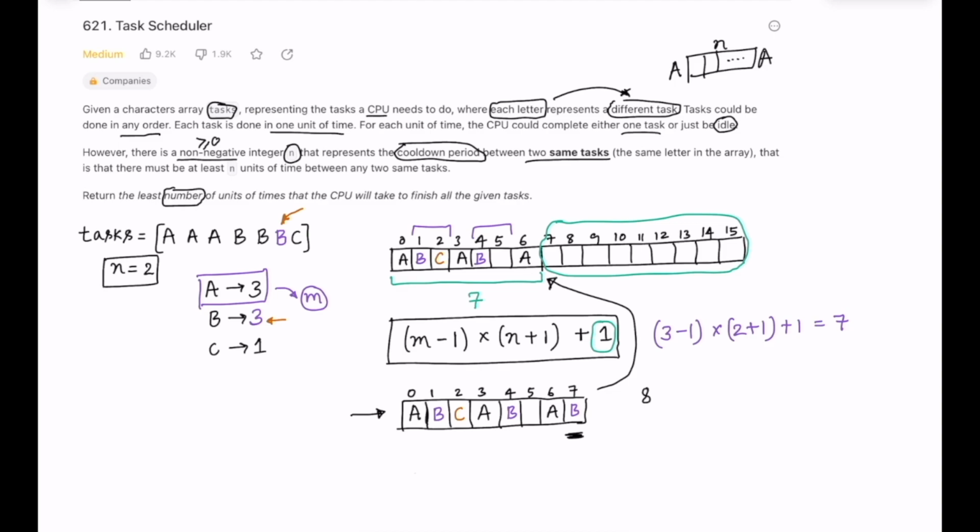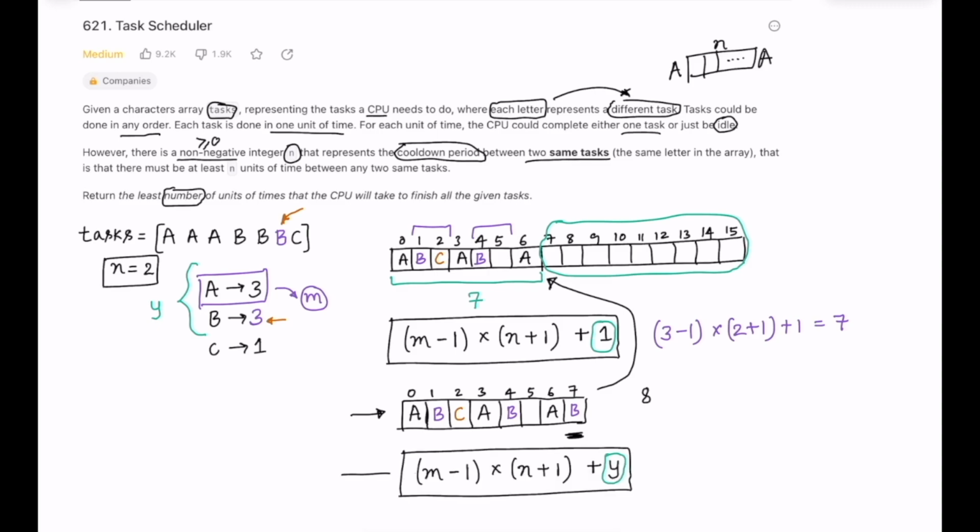So we could change this number to 2 because at the end we will have two tasks A and B that have the same frequency left over. So let's call the number of tasks with the same max frequency as y. So instead of 1 in the formula, we can replace it with y.